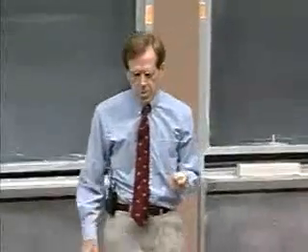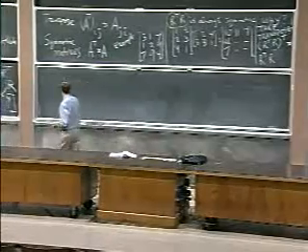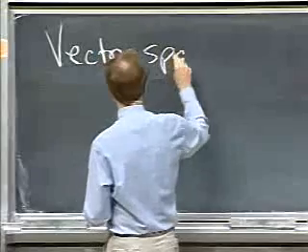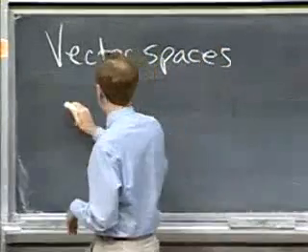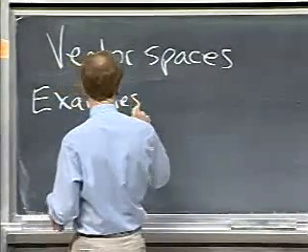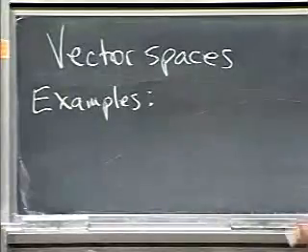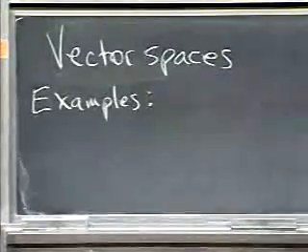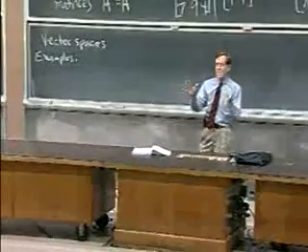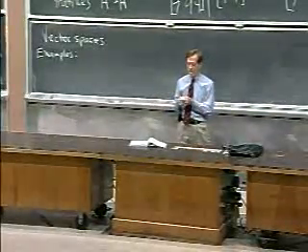Okay, so let me start with examples. So I'm talking now about vector spaces. Let me say again what this word space means. When I say that word space, that means to me that I've got a bunch of vectors, a space of vectors.